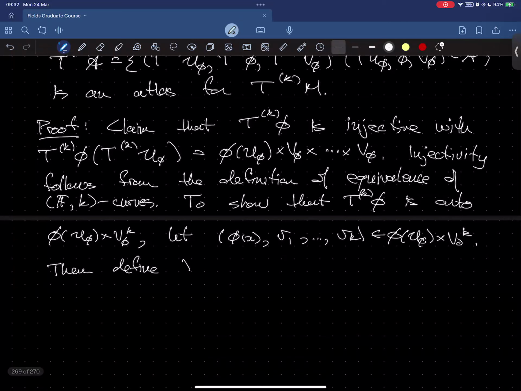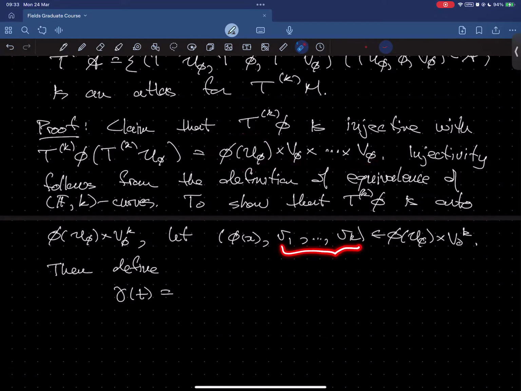Define gamma of t to be, first of all, a curve in here which has the appropriate derivatives, namely these guys.